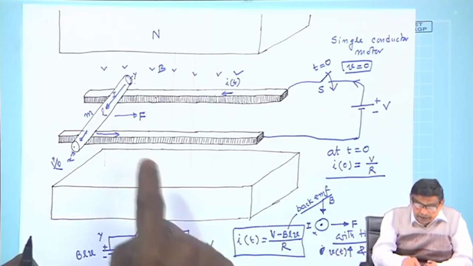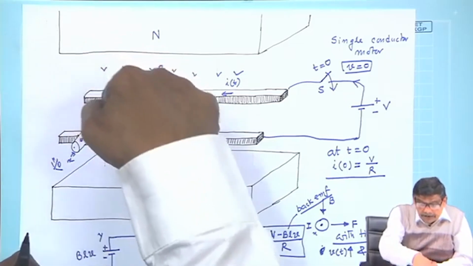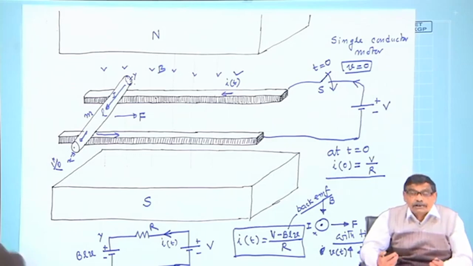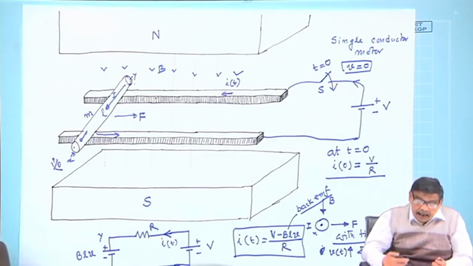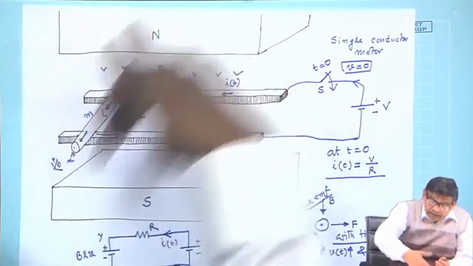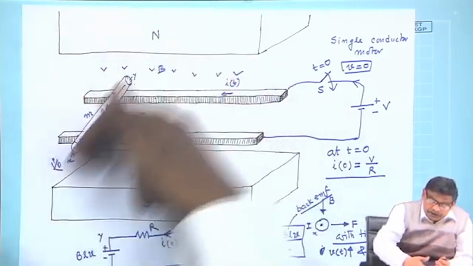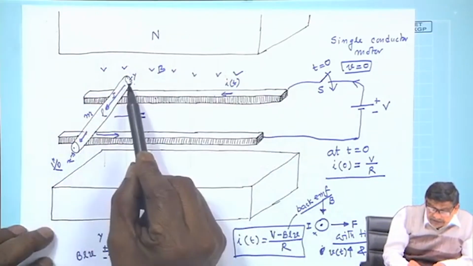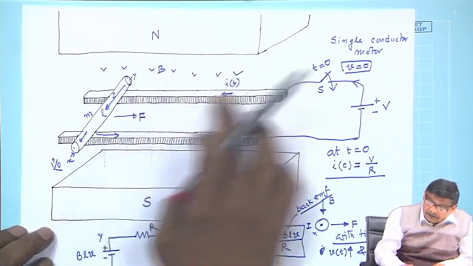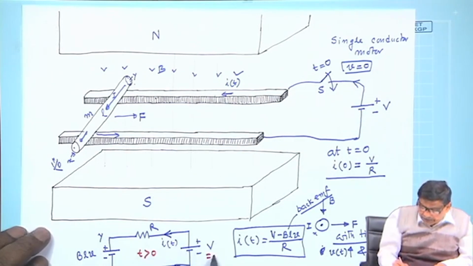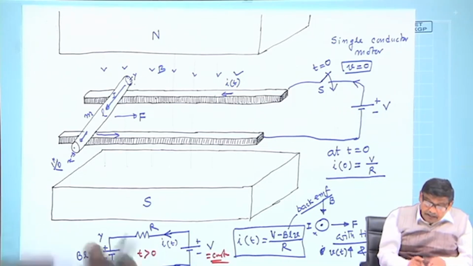Thing is, it is having a velocity, it is having a B, it has got a length, therefore, it must have an induced voltage of magnitude B L V, and by applying right hand rule I can find out the direction of the polarity of the induced voltage, which will be this side plus, this side minus. Therefore, this whole network for t greater than 0 is this. This is constant supply voltage.